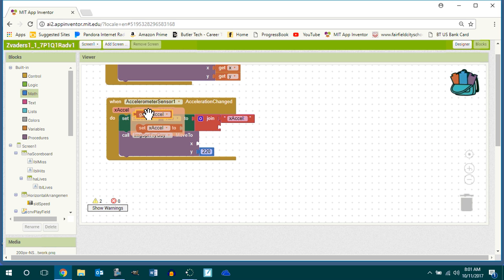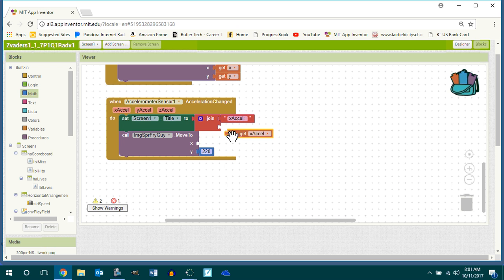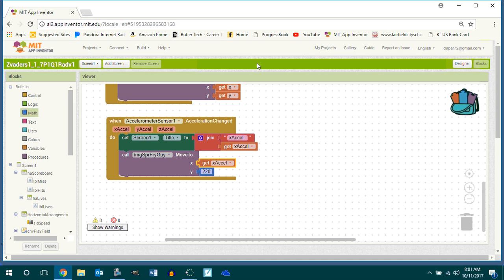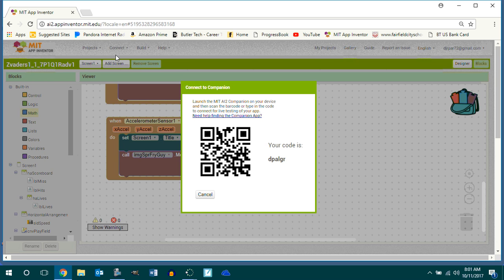So I'm going to get this X acceleration here, and I'm going to play it and see how it operates. Let's reset the companion and scan it in.